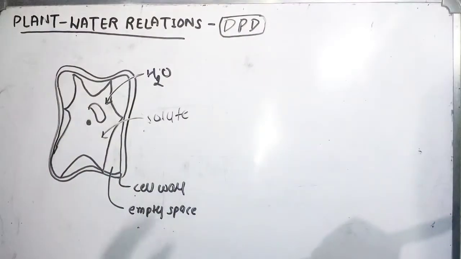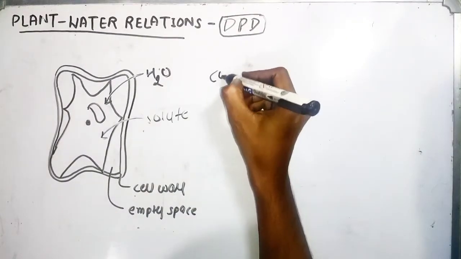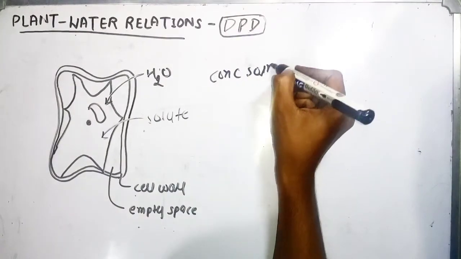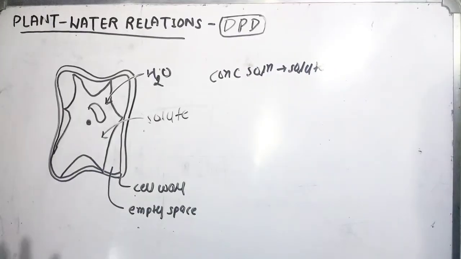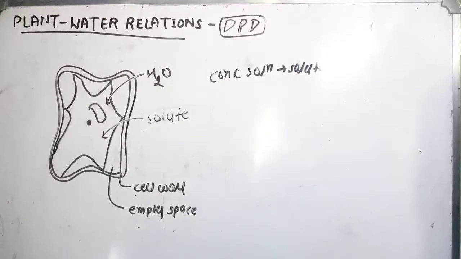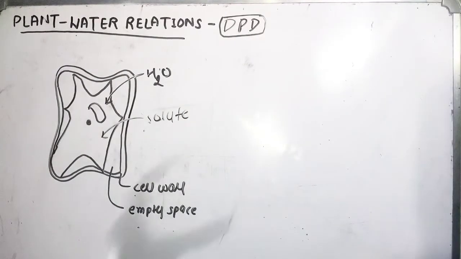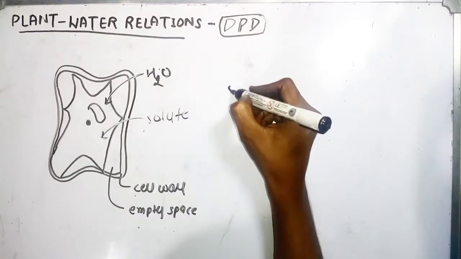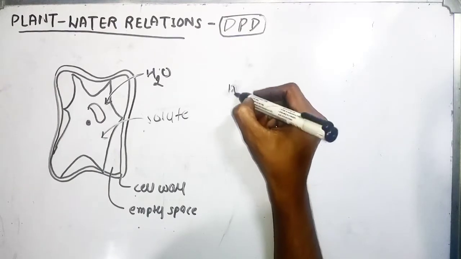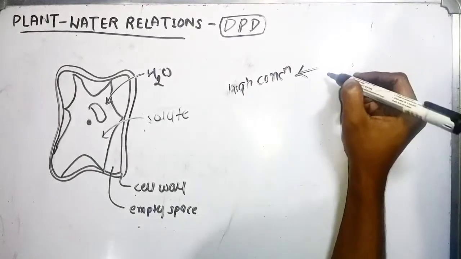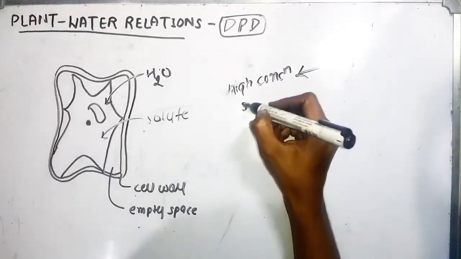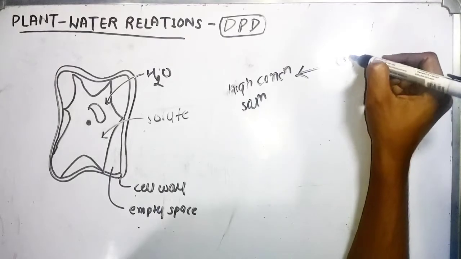Where there is a solute, a higher concentrated solution, the solute attracts water. Why do they attract? Because adding solute makes a higher concentration, and water flows from the higher concentrated solution to the low concentrated solution.